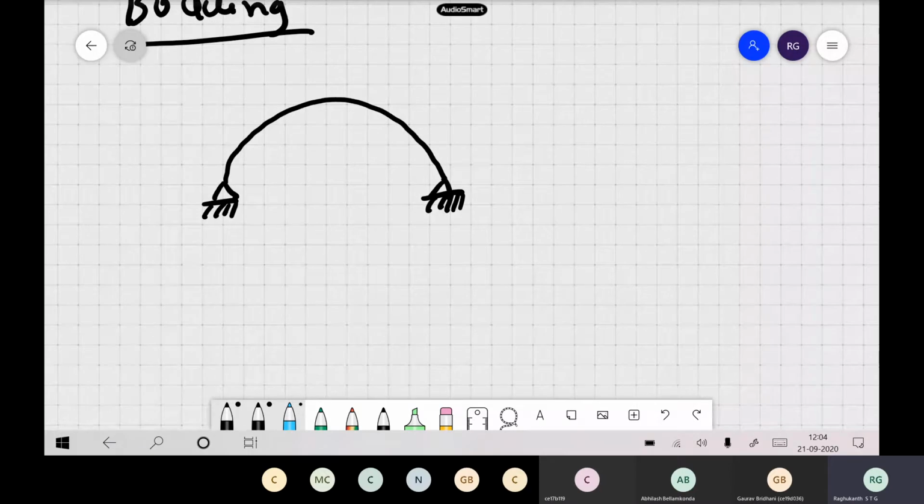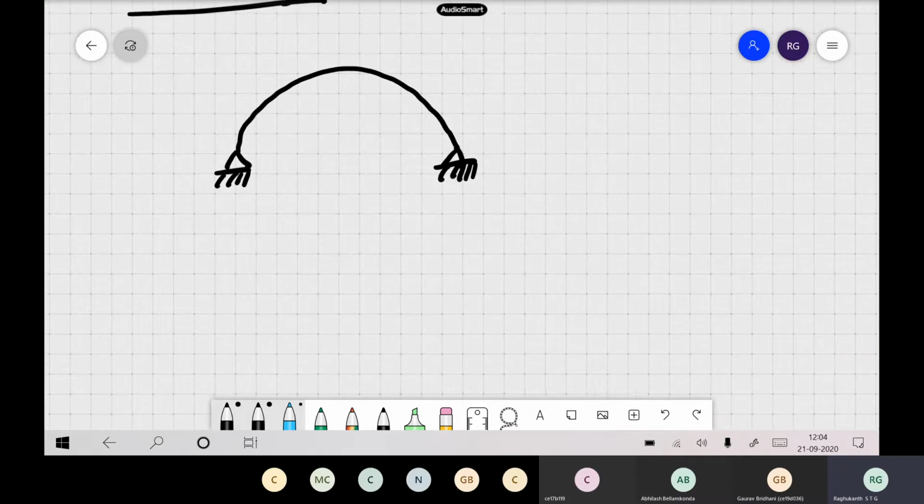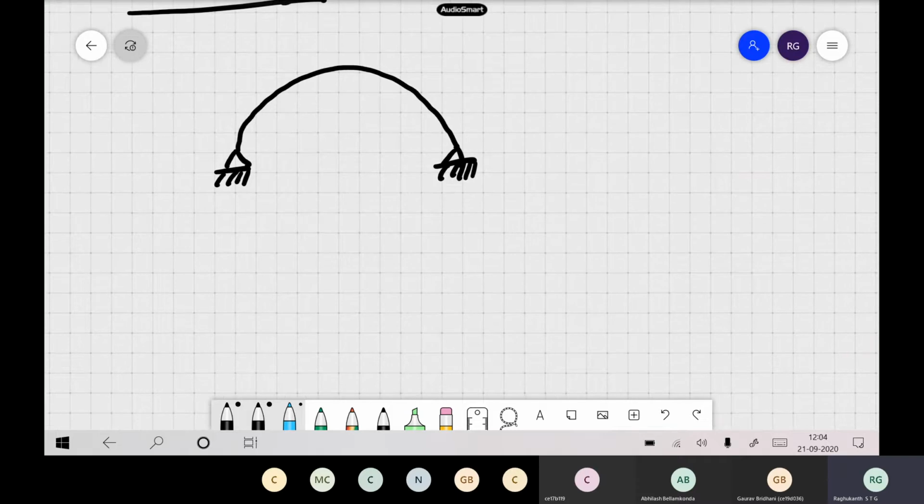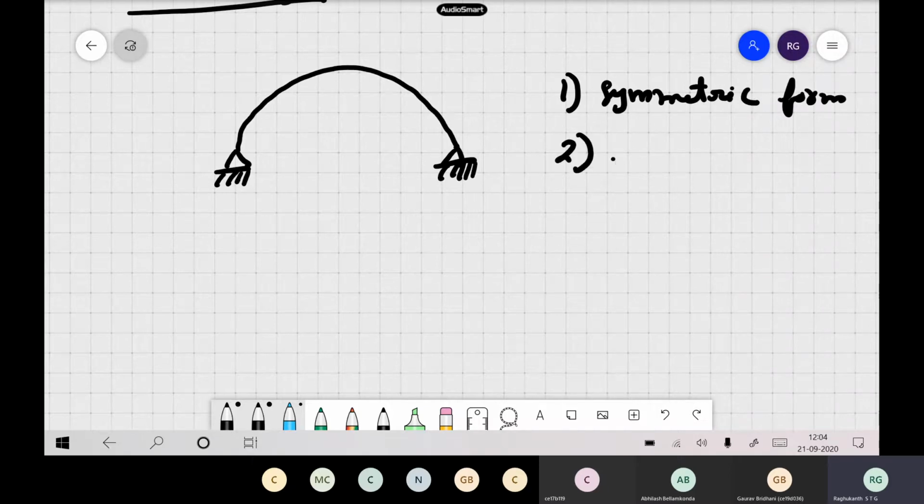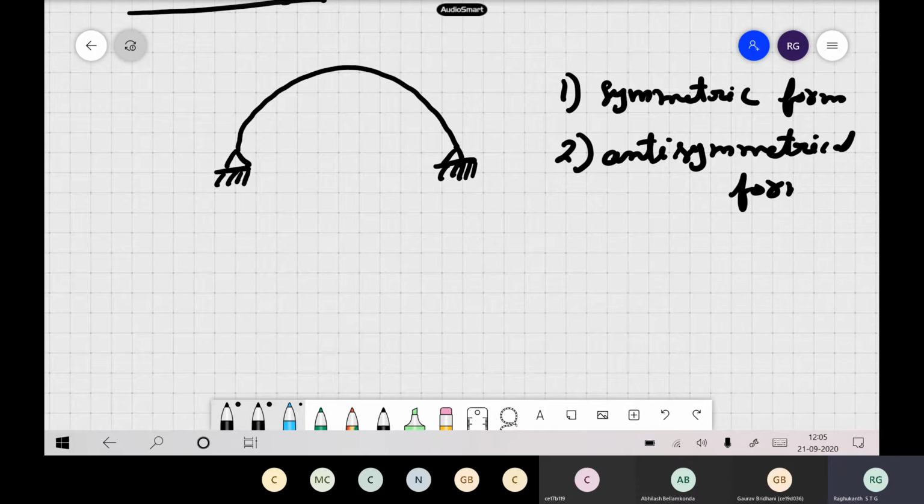If you do a detailed analysis, you can get all the buckling modes, but to keep things simple, we take two types of buckling modes: symmetric, and the other one anti-symmetric. The arch buckles widely in these two types of patterns.